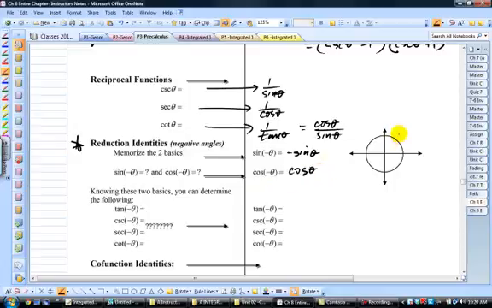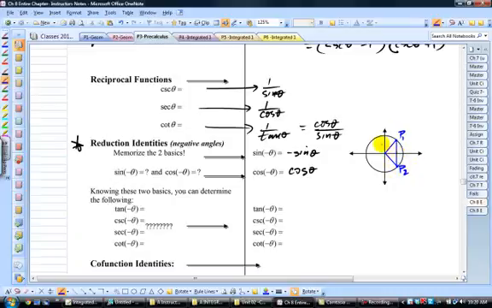So let me just illustrate a simple example here. Let's consider P1 and P2, and let's draw the angle.